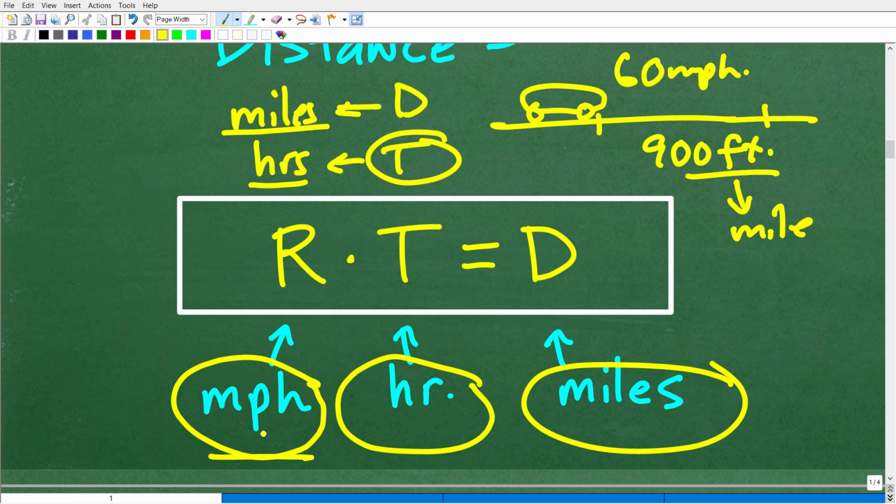You want to make sure that all your units are the same. The best way to know that is to look at your rate. If you want your rate or your speed in miles per hour, then you have to have miles as your distance and hours as your time. Hopefully this makes sense.